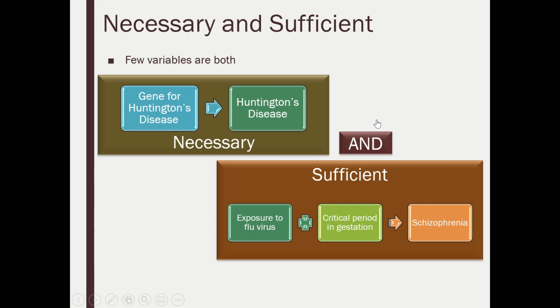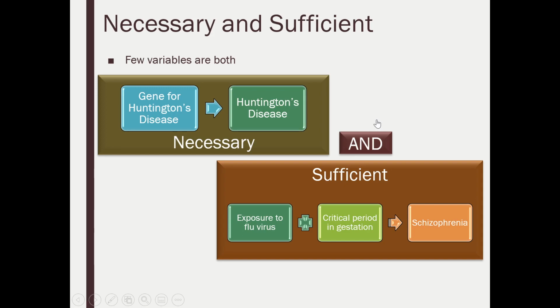The idea is, most things in psychology are like schizophrenia, right? We don't know if there's a single factor that is both necessary and sufficient to cause schizophrenia. So far, what we have is lots of different factors that, combined with something else, may actually lead to the development of schizophrenia. The fact that it doesn't always happen makes us say it's not necessary or sufficient, right?